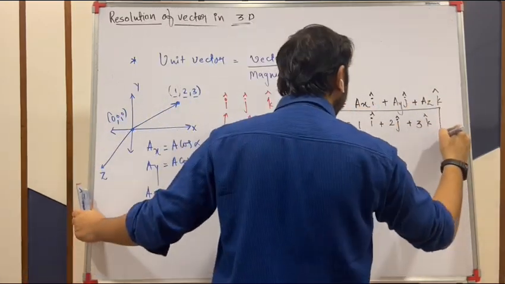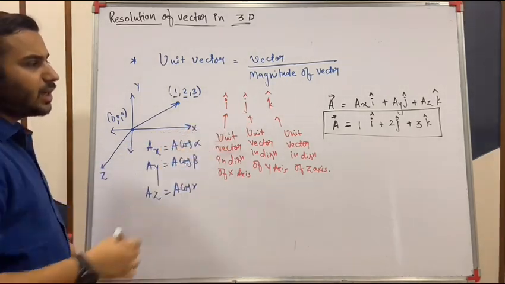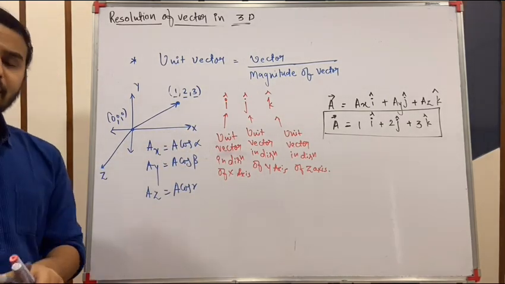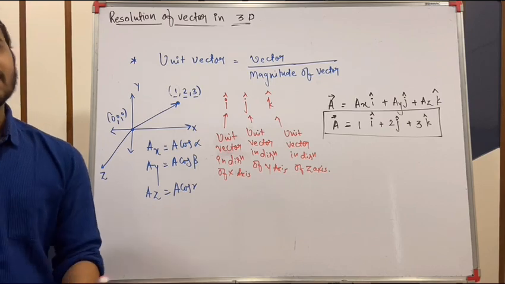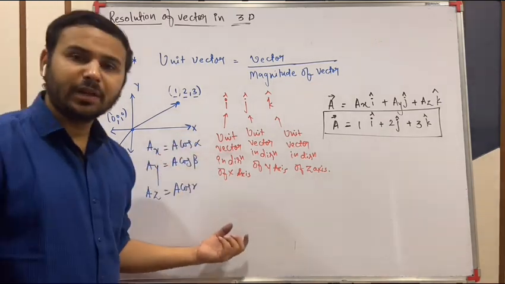Okay, this is the method to represent a vector. i cap is for x coordinate, j cap is for y coordinate, k cap is for z coordinate. Okay, these are called unit vectors.